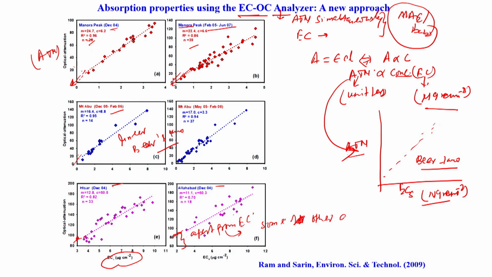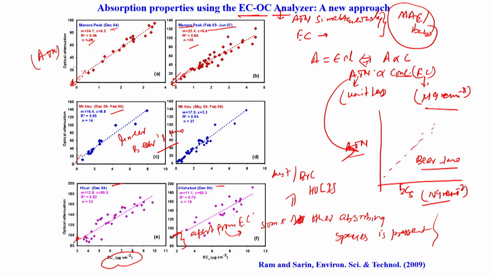Some other absorbing species present. So, you have to remember this one, and this is where we get the clue that probably there are dust and then brown carbon or HULIS-like substances.